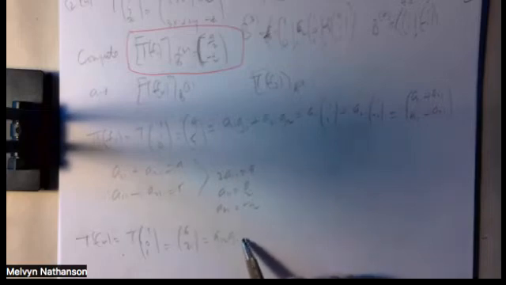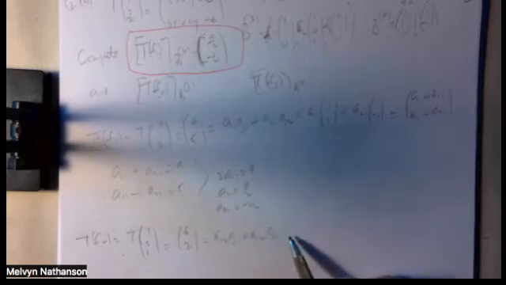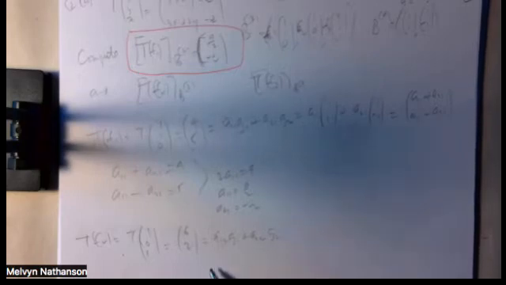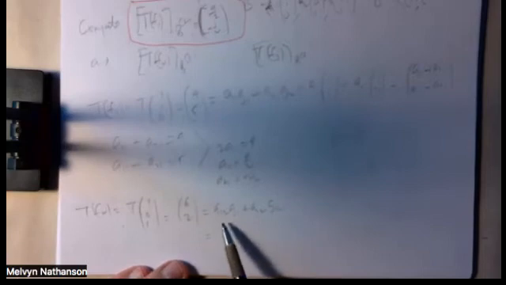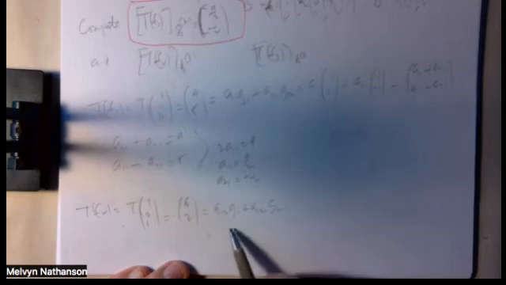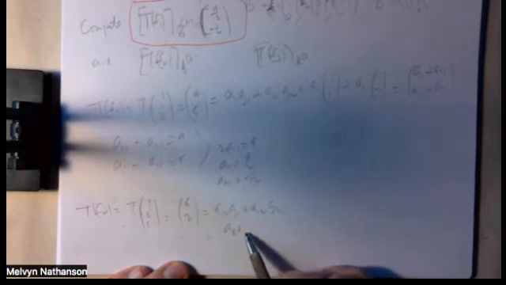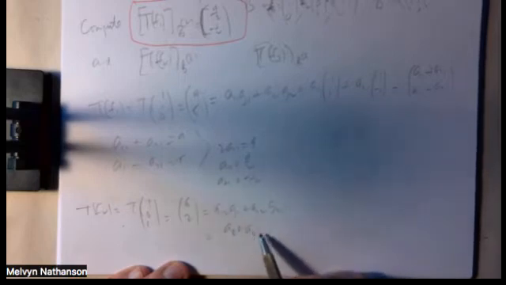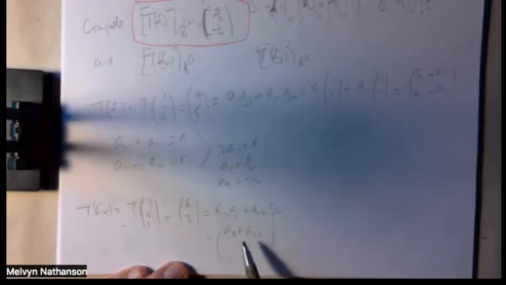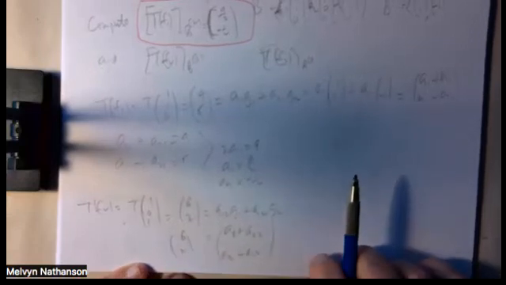This is some A12 G1 plus A22 G2. Which is A12 plus A22, and the second coordinate is A12 minus A22. And that has to equal 6, 2.